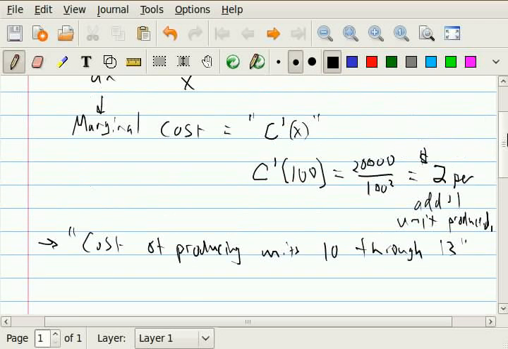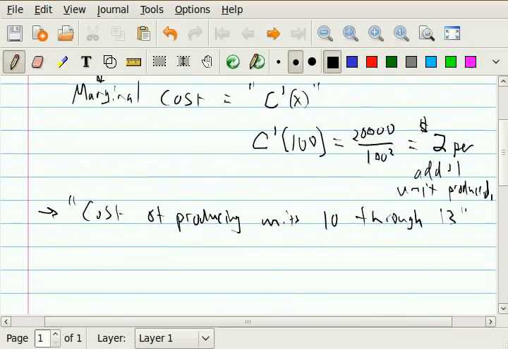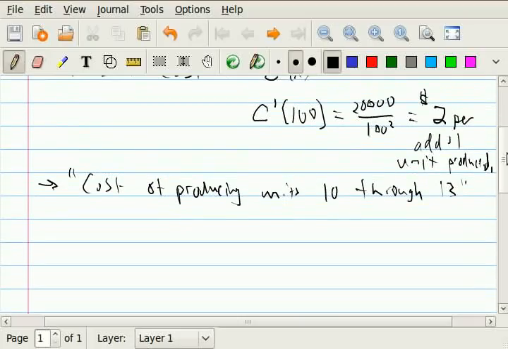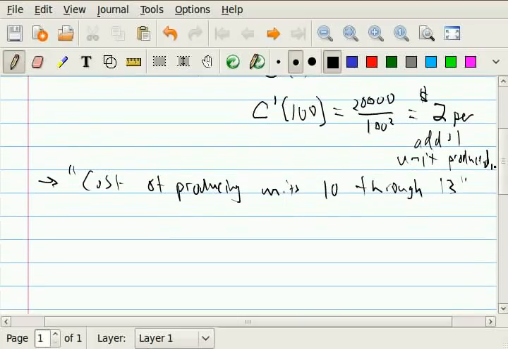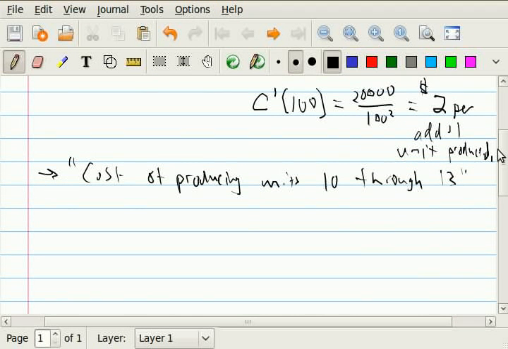So imagine the problem here. Let's suppose you want to increase your production from 10 units to 13 units. How much are you going to spend to make those couple of units? To answer that question, we need to add up the marginal cost from 10 to 13. When you total up the accumulation over some interval, that's a definite integral.